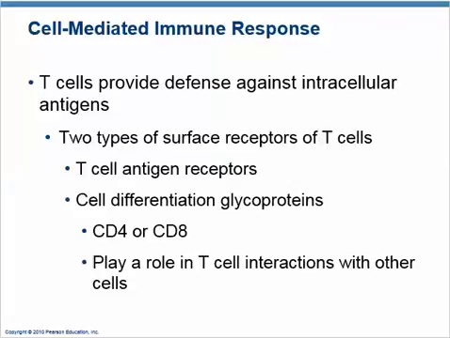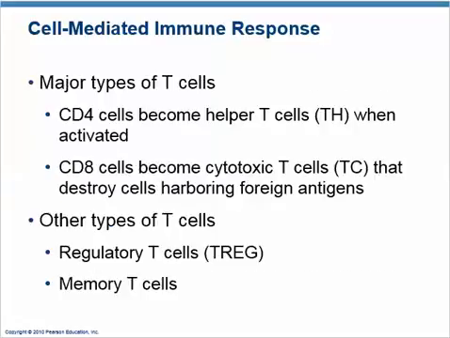They are still antigen receptors, but we call them CD4s and CD8s, and this determines what their job is in the cell-mediated response, and this will become clear later. But basically, they become helper T cells or killer T cells. Helper T cells help, and killer T cells kill.